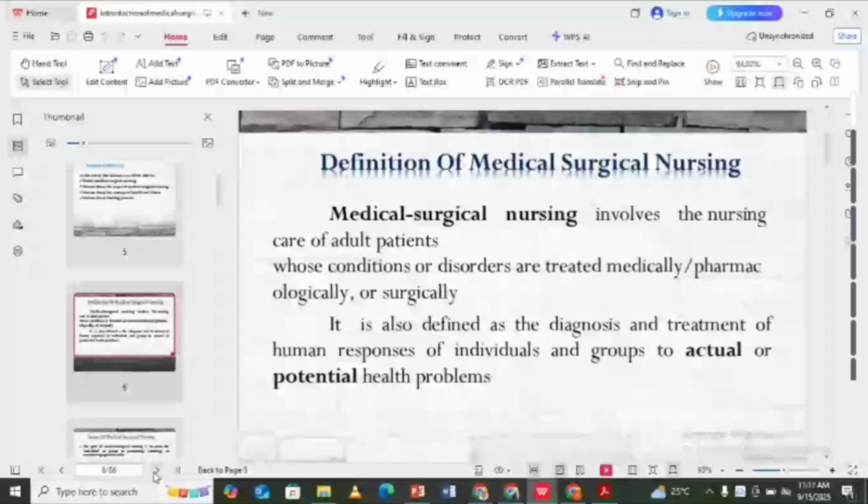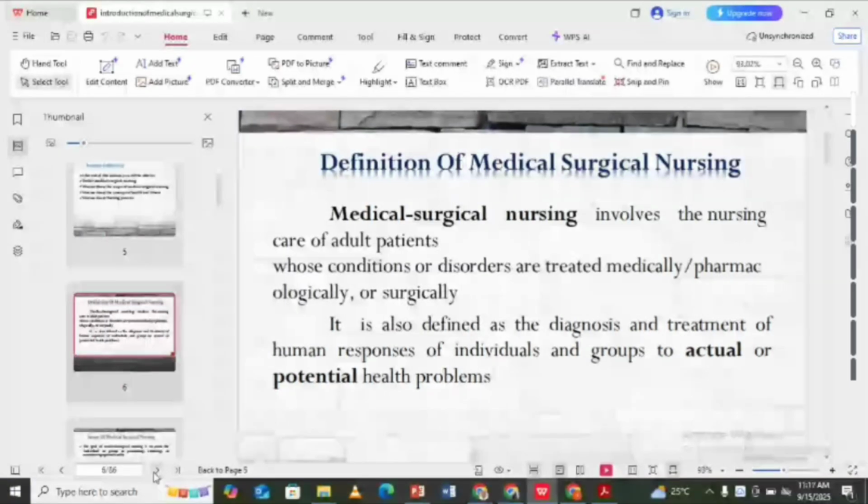It can also be defined as the diagnosis and treatment of human responses of individuals and groups to actual or potential health problems. From fundamentals of nursing, I know you were able to discuss what actual and potential health problems are. The actual ones are those the patient is presenting at the point of coming to seek medical intervention.